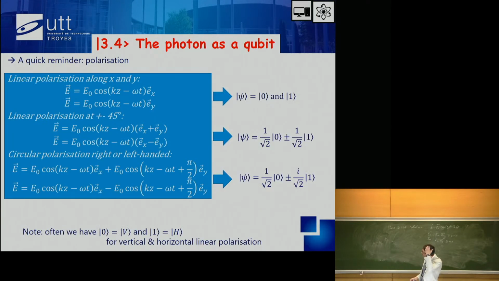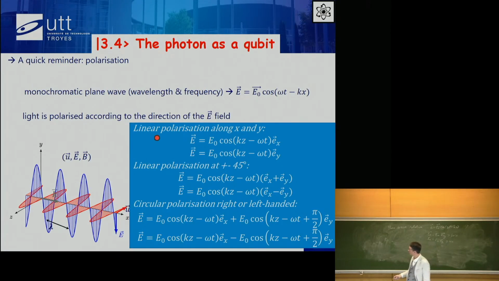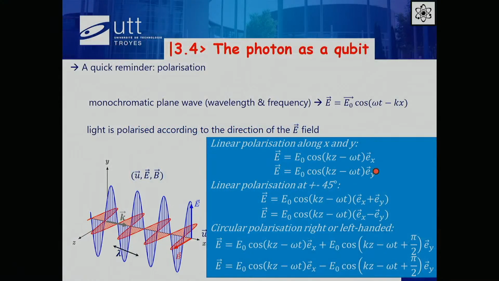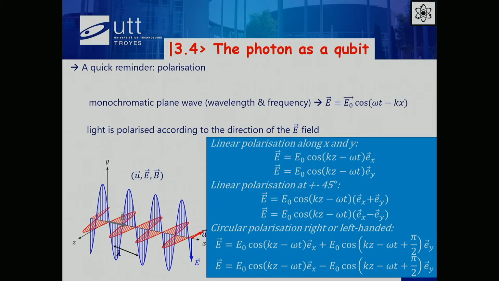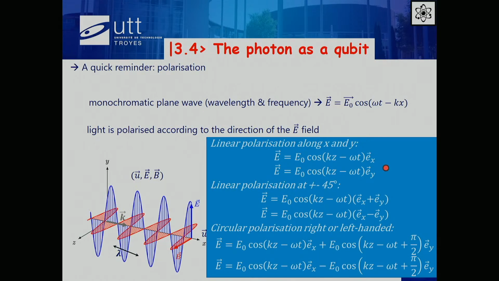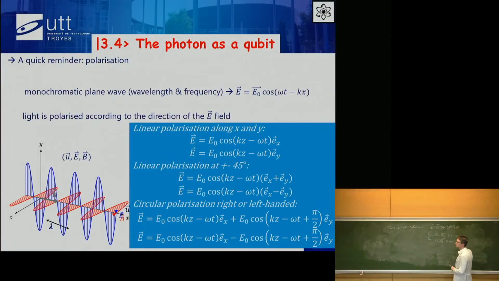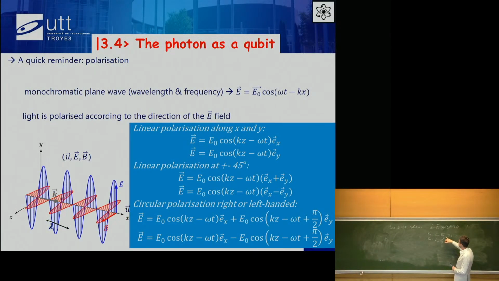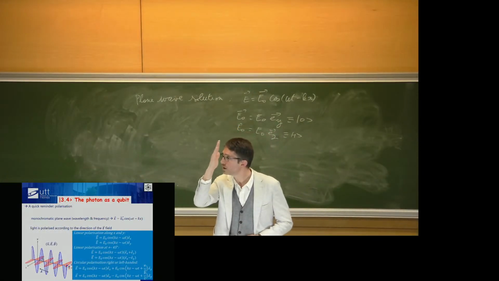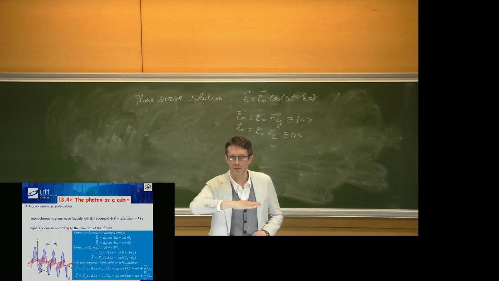You have to be careful here, my bad: this should be EZ and EY, because the EX is the propagation axis. So this is EZ and this is EY, and I can have E like this. This would be the linear basis, linear polarization, along vertical, horizontal.